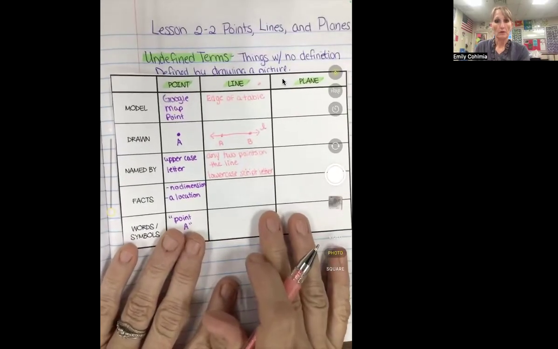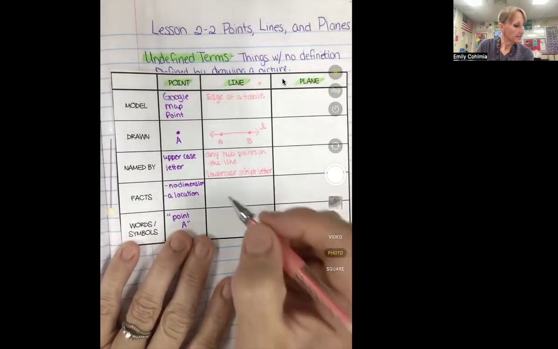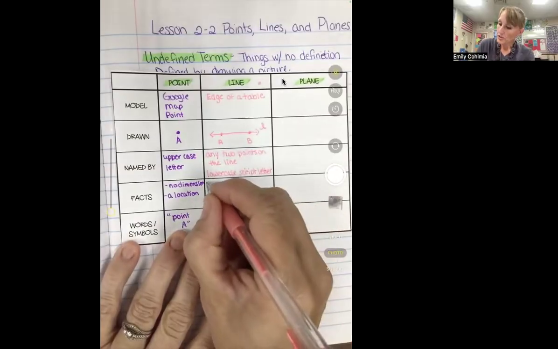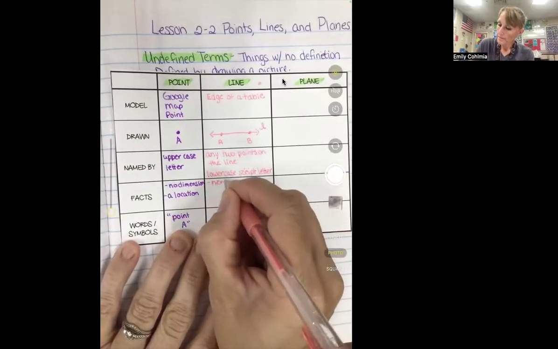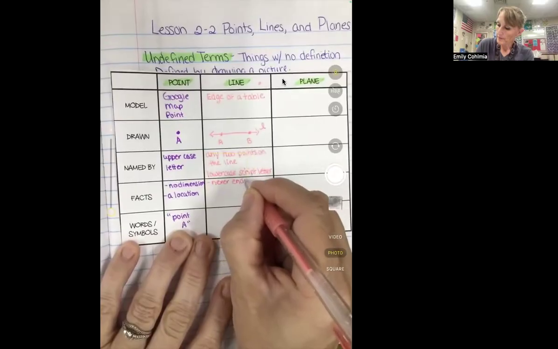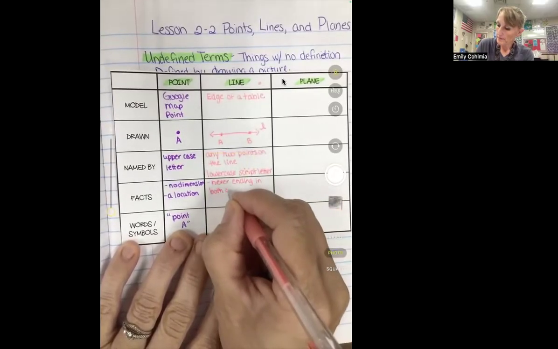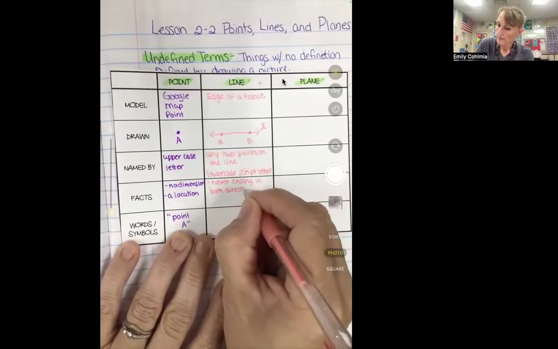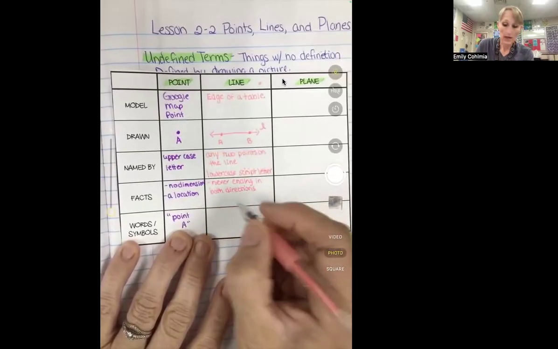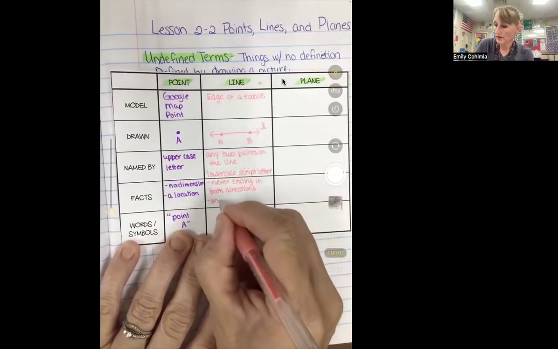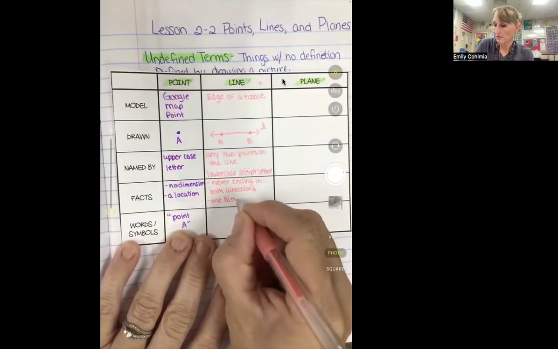So some facts about it: it is never ending in both directions, and lines are one dimensional. They only have one dimension, and that would be length.